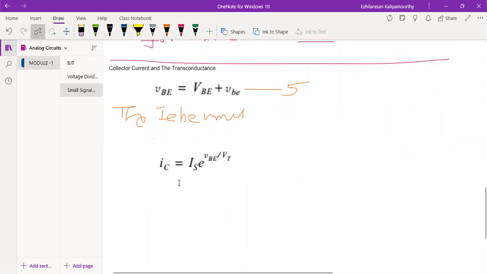IC is equal to IS into e to the power VBE by VT. So what we did is take the expression for the collector current, because we superimpose the signal quantity, the AC signal quantity. If we superimpose, then the expression becomes a total.